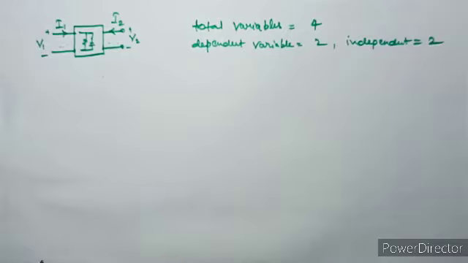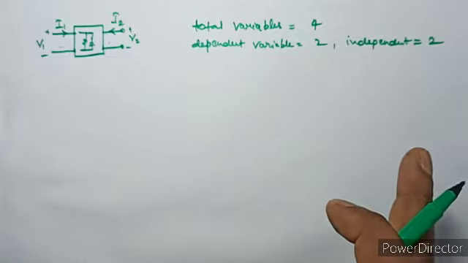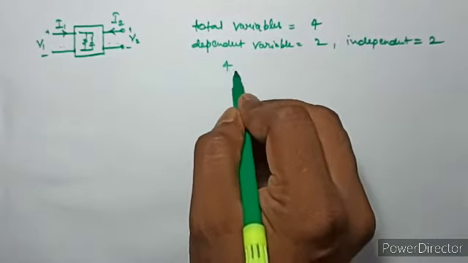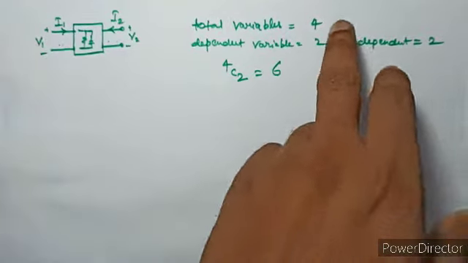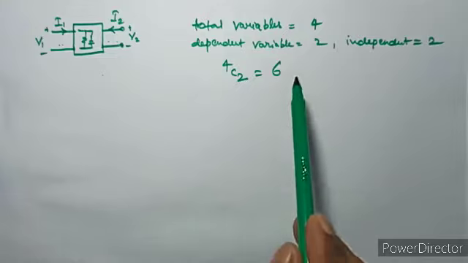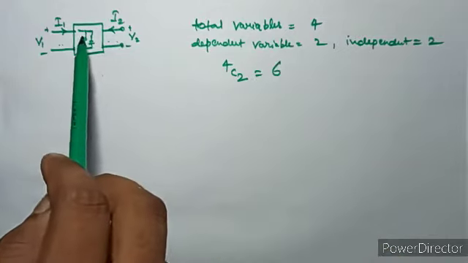So how many possibilities will be there for arranging these two independent variables and two dependent variables? The combinations will be 4C2, which is 6. This means we can characterize this network using these four variables in 6 ways. So our discussion in two-port networks will be analyzing or studying these 6 types of characterization of this network.